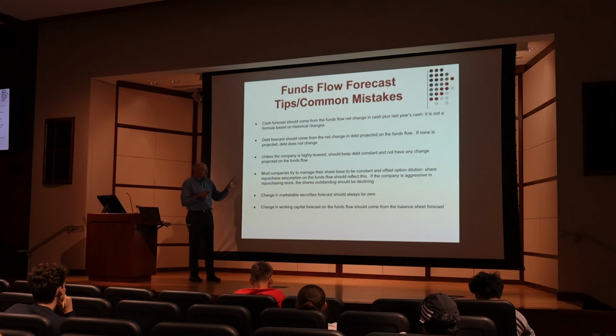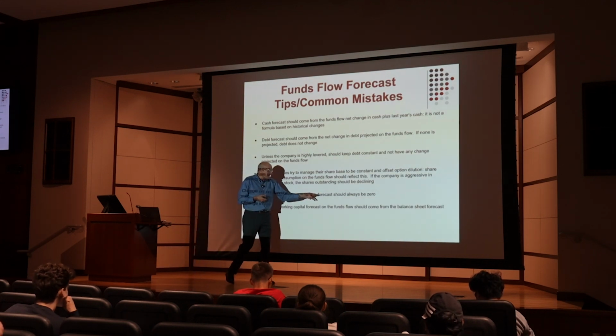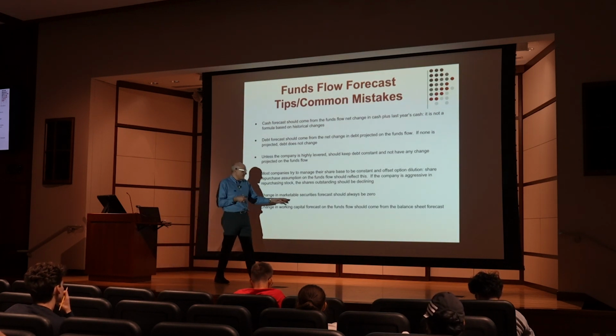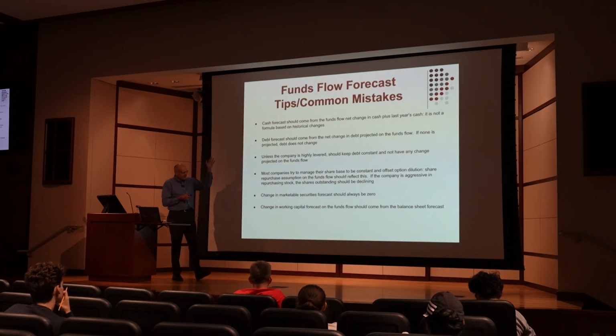And so in Meta's case, we always keep the change in marketable securities constant, and basically don't grow it at all. Our change in working capital forecast on the funds flow should come from the balance sheet forecast, right? So we first model our expectations for working capital: receivables, inventory, accrued expenses, and payables.